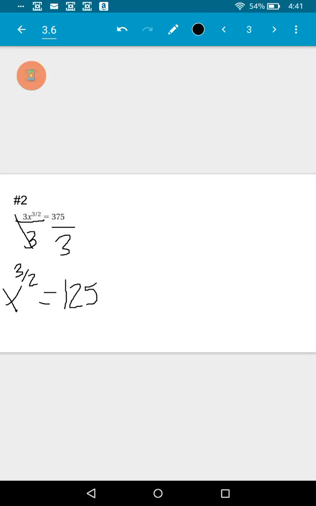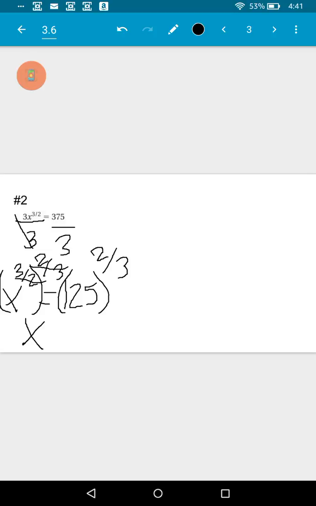If you forgot what to do in this step, you see how you have 3/2? How to undo that is raising this to the reciprocal. The reciprocal of 3/2 is 2/3. What you do to one side, you have to do to the other side. So here, these cancel.